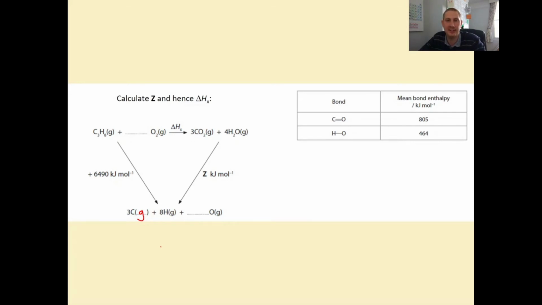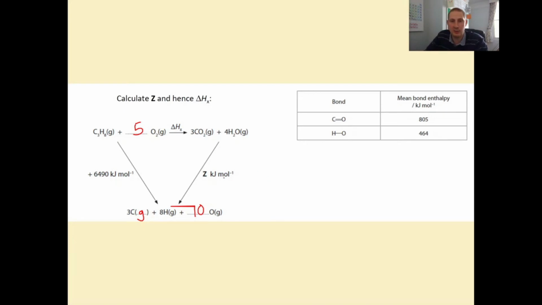So that state symbol is a gas. On the right, we've got 6, 7, 8, 9, 10 oxygen atoms. So that must be 10 oxygen gas. So that means it's 5O2 gas there. So propane and 5O2, 3CO2, 4H2O.